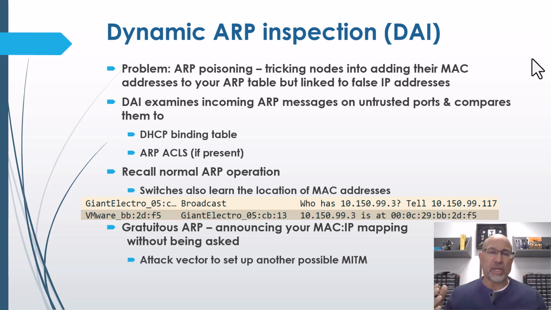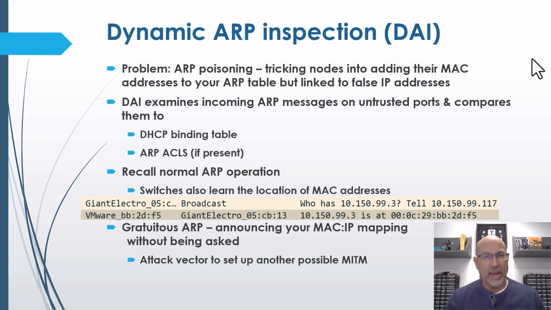We also see behavior in ARP that's related to DHCP: you get an IP address that's offered to you, you can ARP for that IP address to see if you get any answer, and that way you avoid collision. So those are some behaviors that we see in ARP just as part of normal operation.